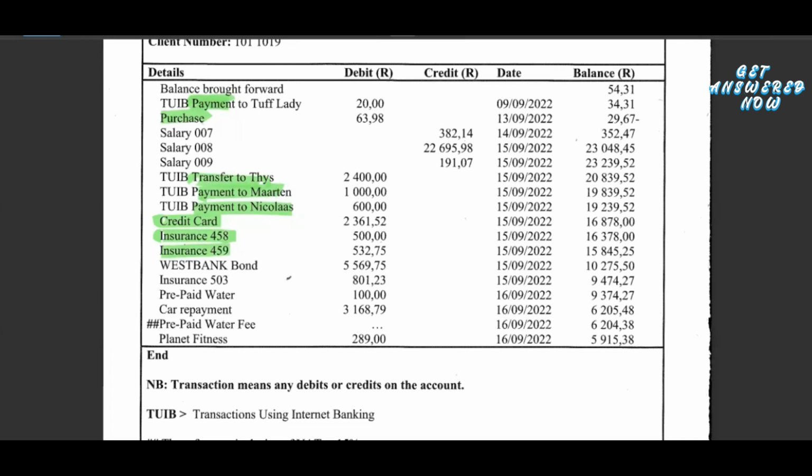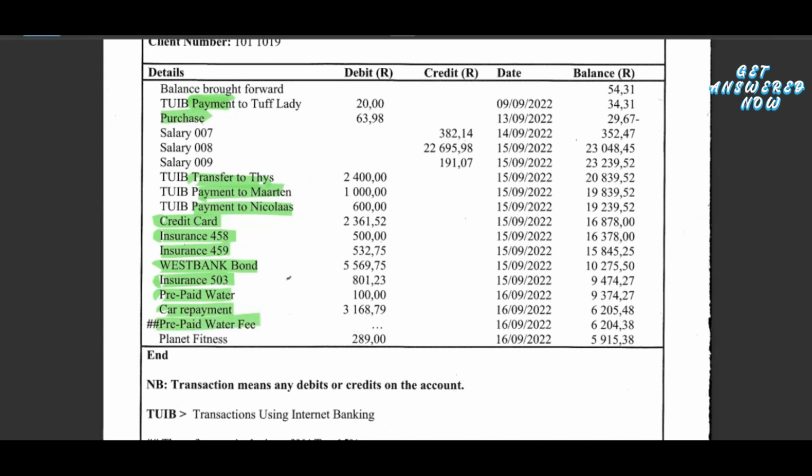The insurance, then the bond, insurance again. Three insurances. Prepaid water. Car repayment. The prepaid water fee. Bank charges, I think. Also a transaction.